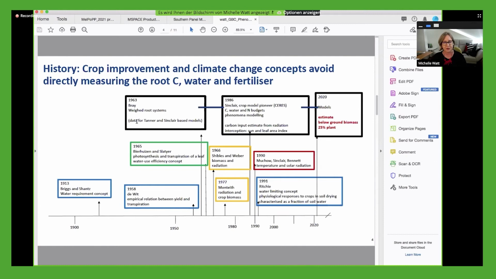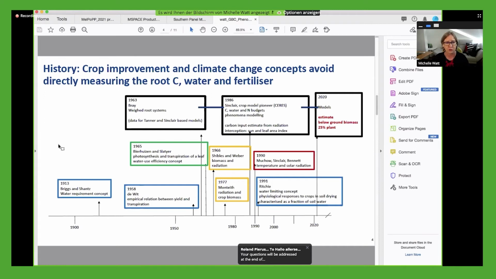A brief history of the story of crop improvement and climate change concepts. Essentially the history has been one of avoiding directly measuring the root carbon, water, and fertilizer below ground because of the challenges associated with these measurements.